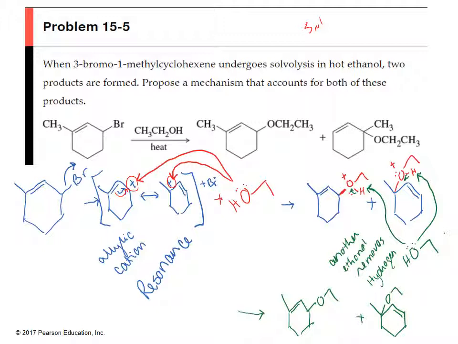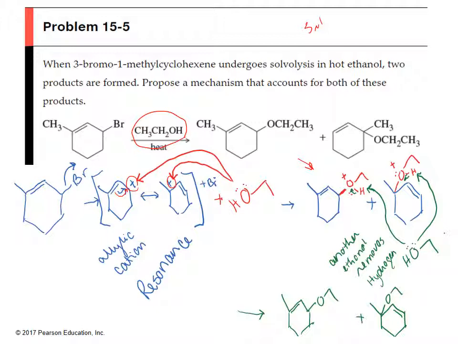Your SN1 reaction typically reacts with the solvent. So the solvent is ethanol. That ethanol has a pair of electrons that are going to reach out, and it's going to add at those carbocations. So over here in this next step, you can see that I've added in the location of the 2 carbocations, I've added the ethanol.